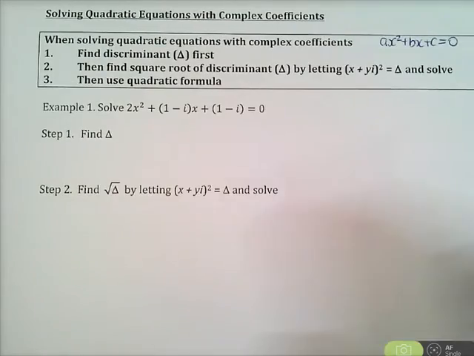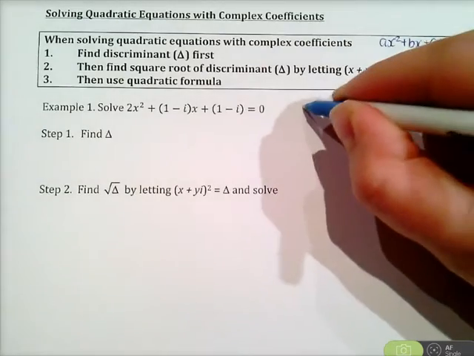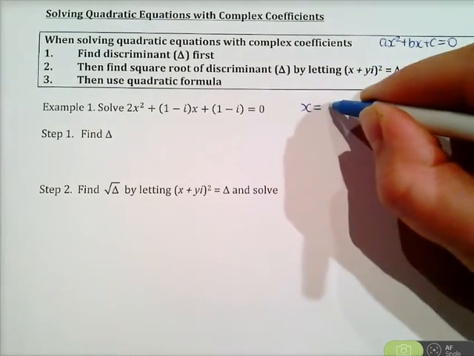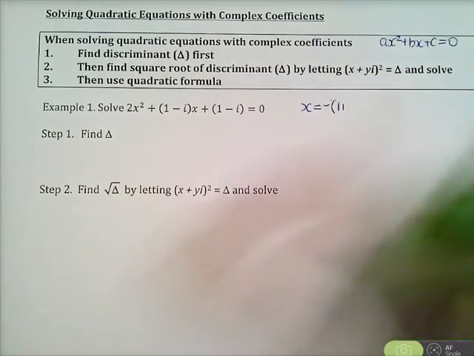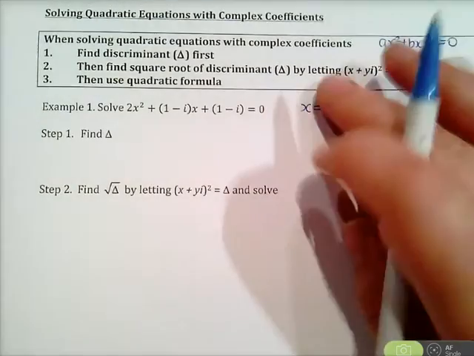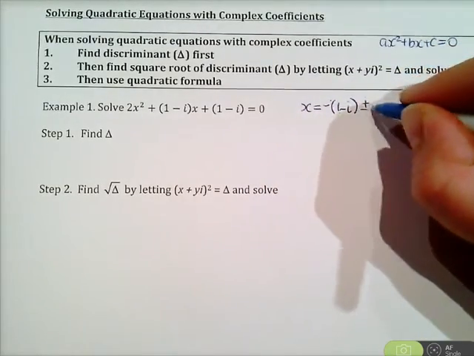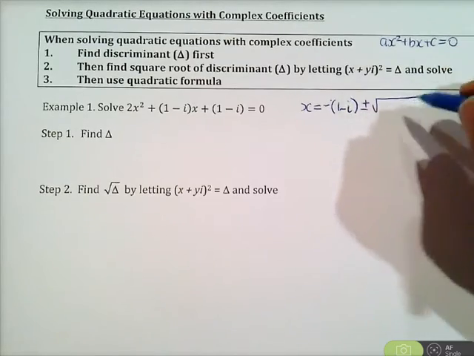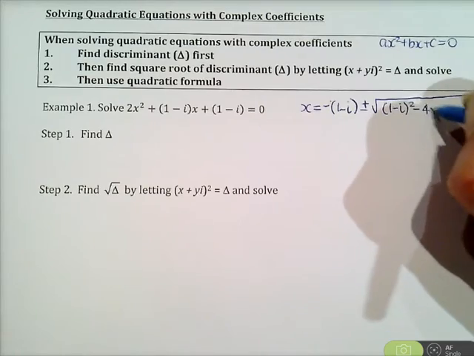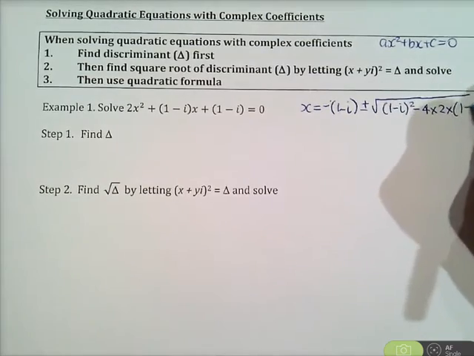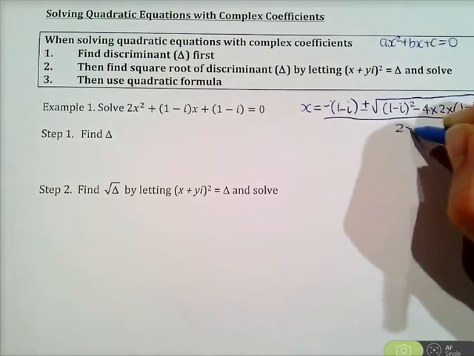Now, let's say you were trying to solve this. This is what would happen. You would do x equals negative b, which is negative 1 minus i, plus or minus the square root of b squared minus 4ac, so 1 minus i squared minus 4 times 2 times 1 minus i, all over 2 times a.